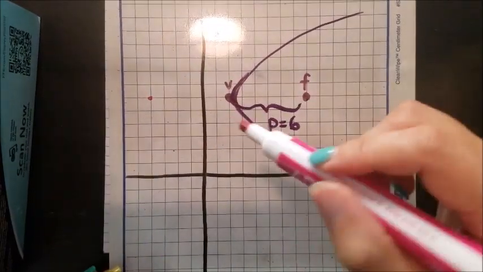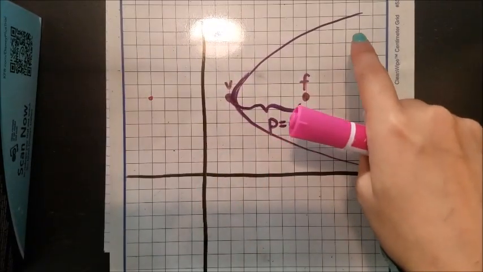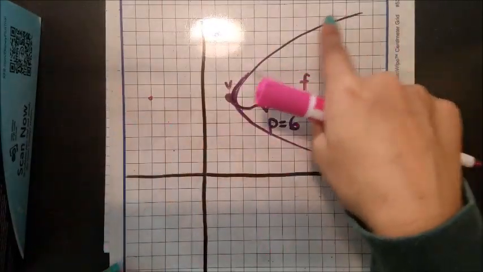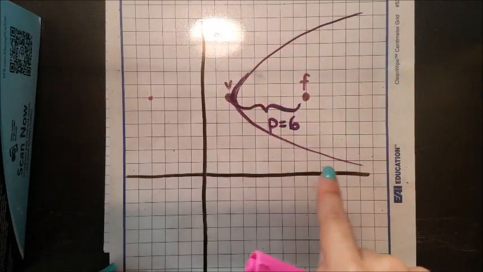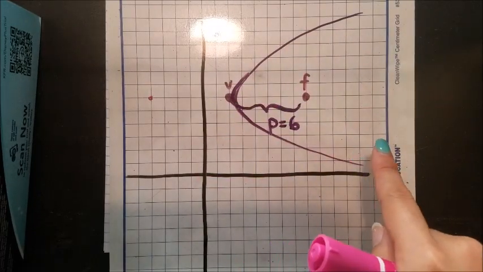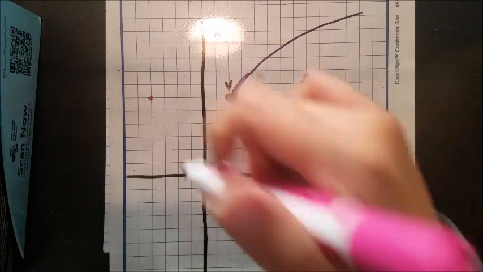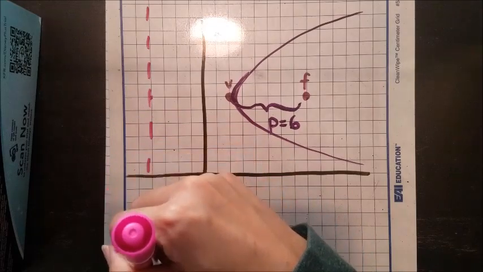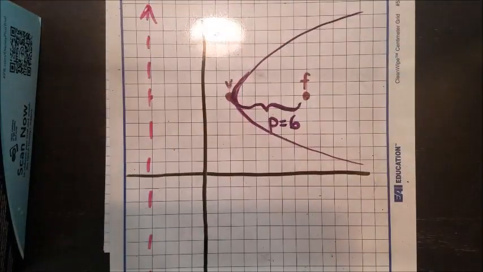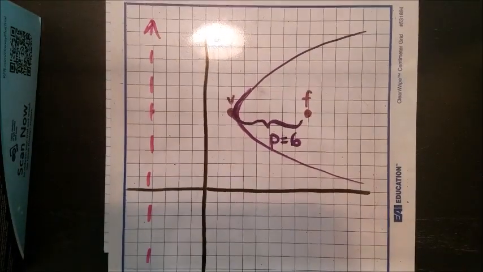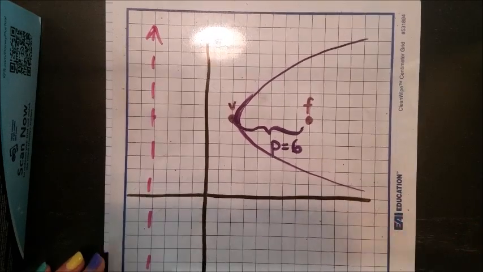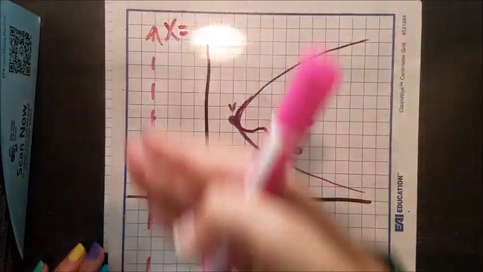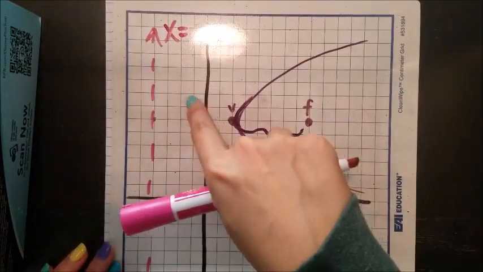But the directrix is a line, so I just have to figure out whether it's vertical or horizontal. Because my parabola is facing to the right and my directrix can't actually touch my parabola at all, it's got to be a vertical line. There's my vertical line. I just need to identify the equation of this vertical line. Remember, vertical lines are always defined as x equals a number, and it looks like it's at -4.